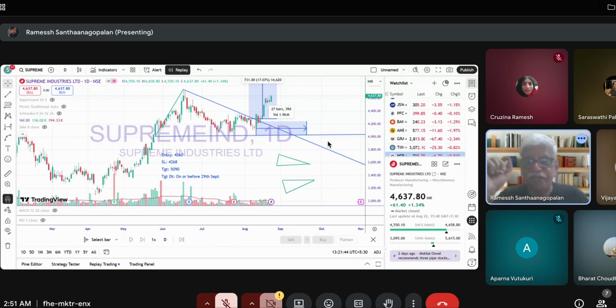Listen clearly, because it is a descending triangle. This is descending from the top, it is coming down. So the possibility of the stock going down is more than breaking up.